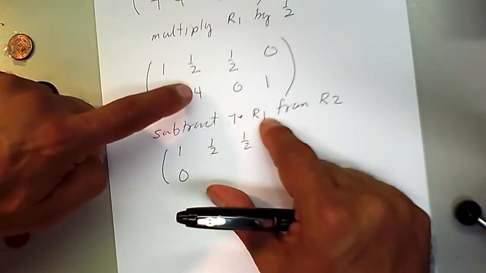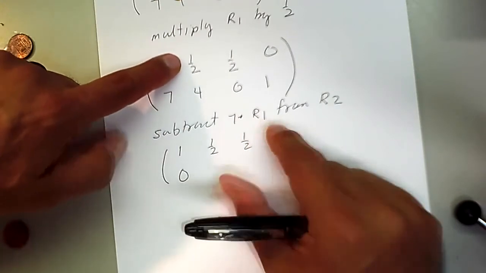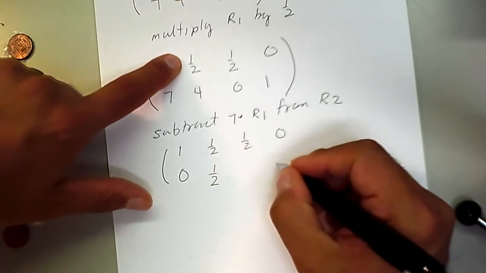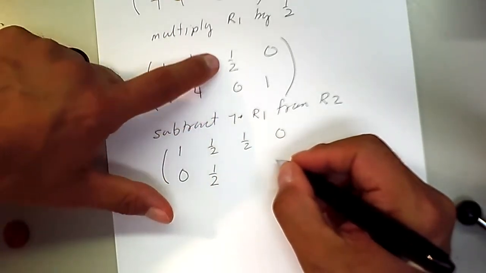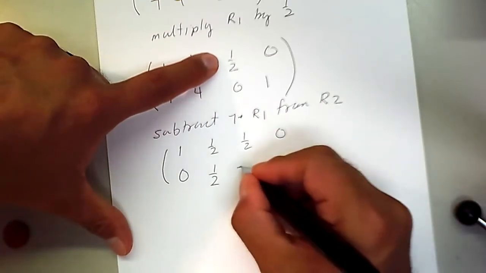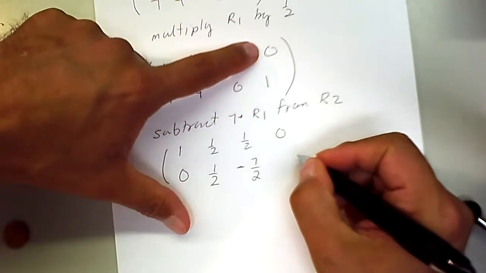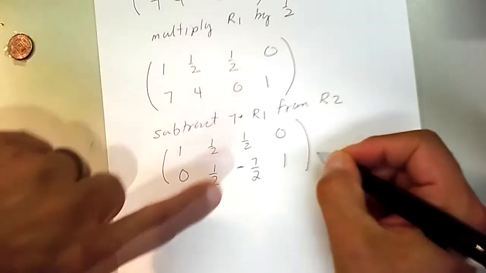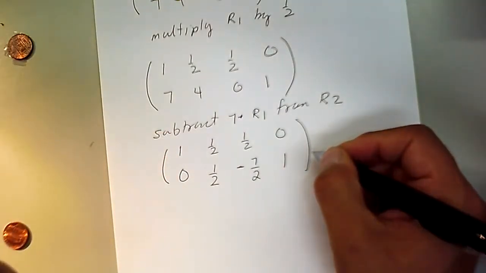That is the same thing as 8/2 minus 7/2. That's still a half. 0 minus 7/2. 1 minus 7 zeros. Okay, so this column is good.